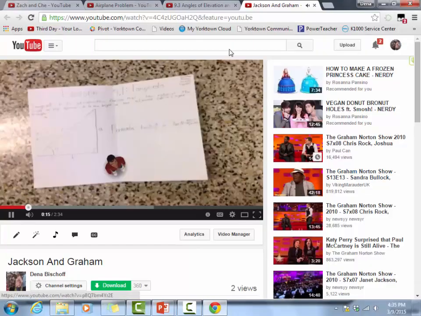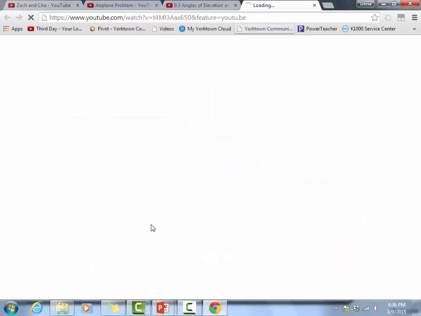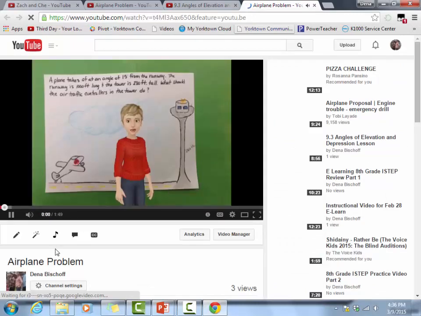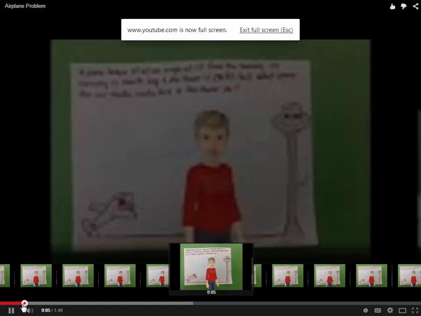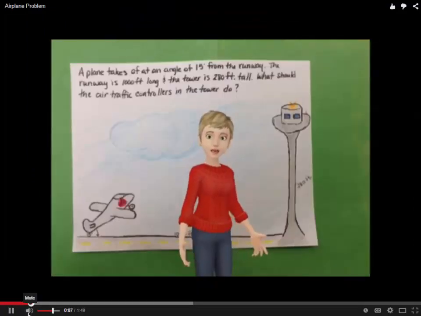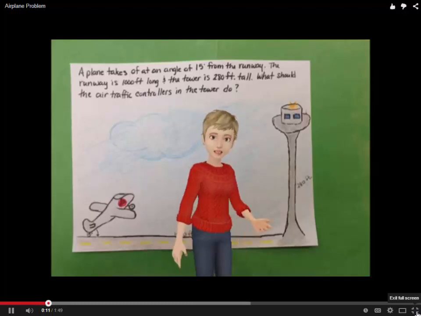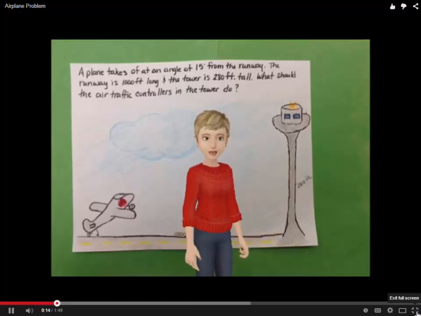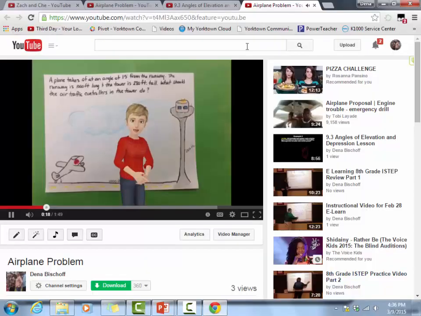A tangent is a trigonometric function that is the ratio of the length of the opposite side to the length of the adjacent side in a right triangle. So an airplane takes off 15 degrees from the runway. The runway is 1,000 feet long and the tower is 280 feet tall. What should the air traffic controllers in the tower do? This is our angle of elevation.